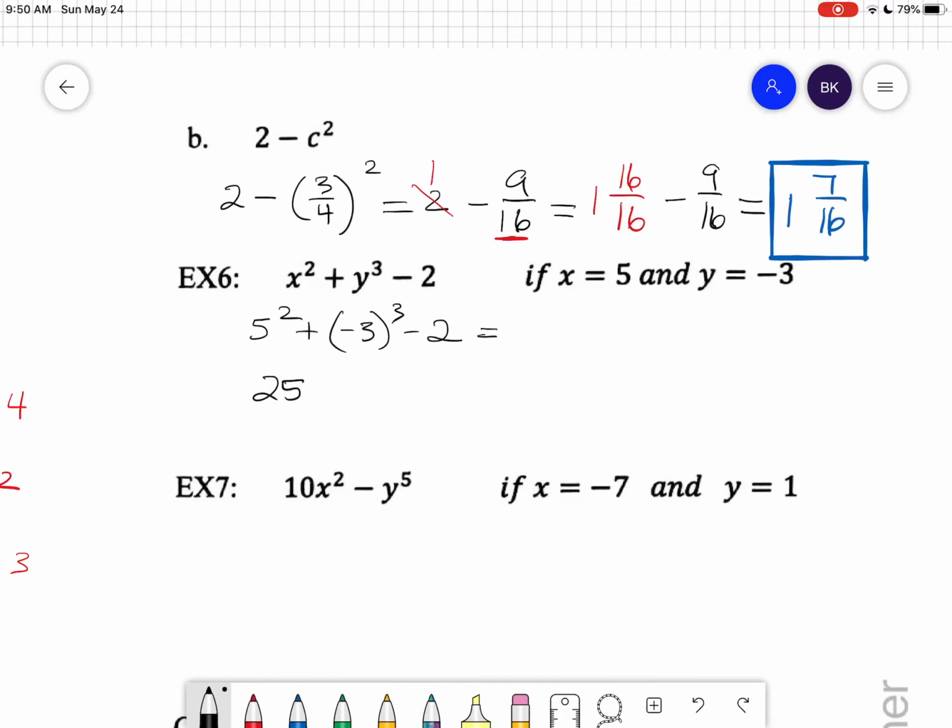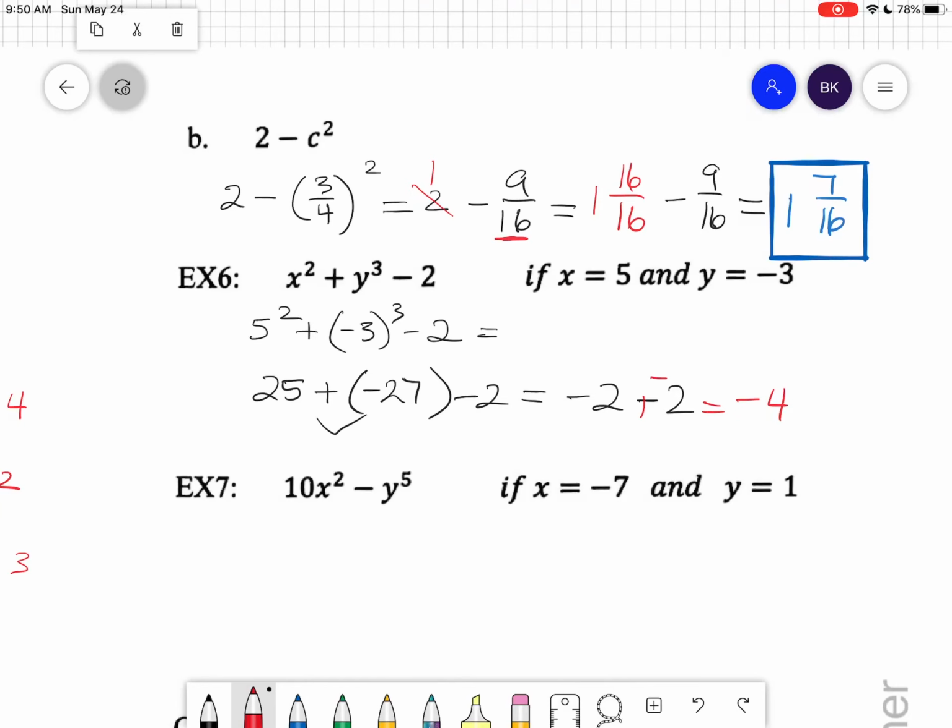Negative 3 times negative 3 is positive 9. Positive 9 times negative 3 is negative 27. Minus 2. 25 plus negative 27 is going to be negative 2 minus 2. And remember to do keep, change, which will give you negative 4.